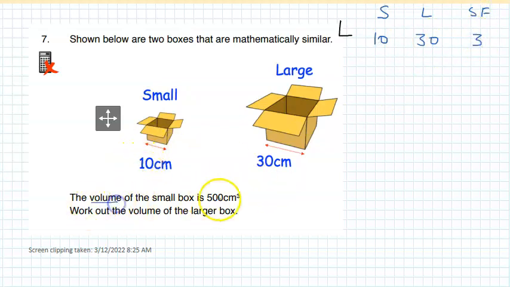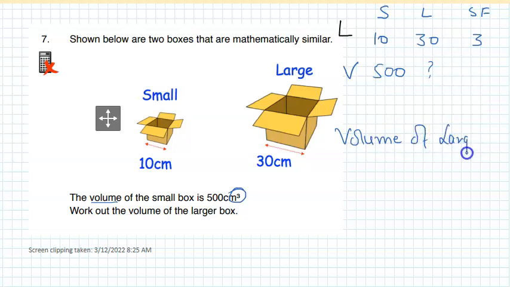Now the volume is given and you can see that it is a cube. The volume of the small is 500. We have to find the volume of the large. So the volume of the large container is the volume of the smaller one multiplied by the scaling factor, since we are finding the larger one.